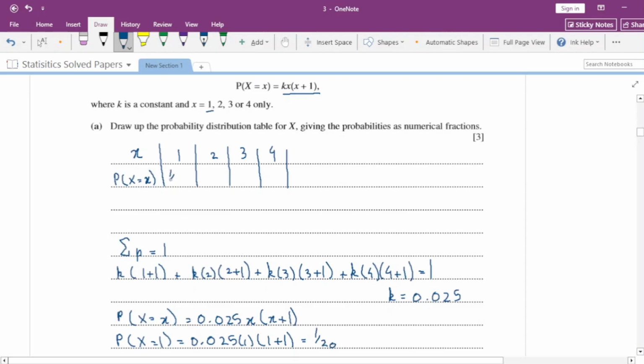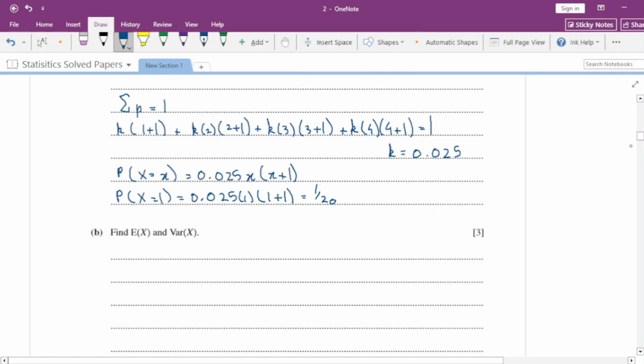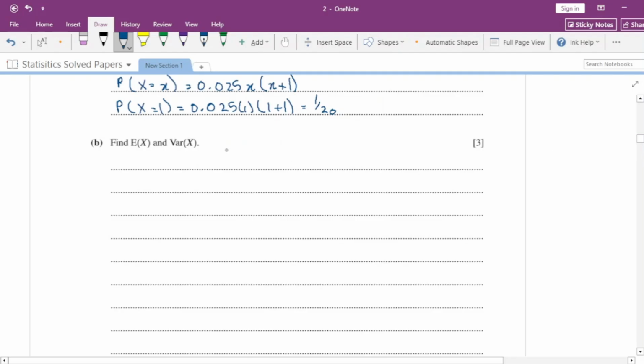So we'll put 1 over 20 over here, and similarly you will fill in the rest of them. So you would get 3 over 20, 3 over 10, and 1 by 2. They have asked us to write numerical fractions, so we'll just leave them as fractions. Otherwise, we could also write them in decimals, but the question asks us to write in fractions, so we will write in fractions.